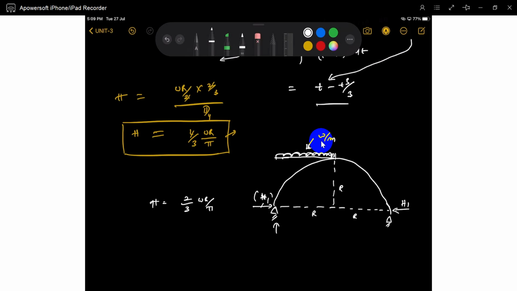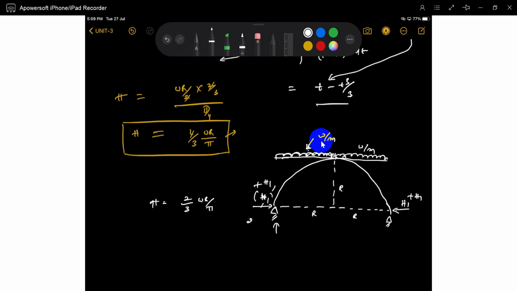If the same intensity of load is applied on the other half, identical, again h1 will come. This is the right half, previous is the left half, same intensity, so the horizontal thrust is again h1.